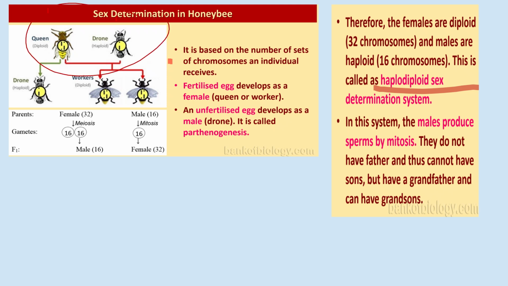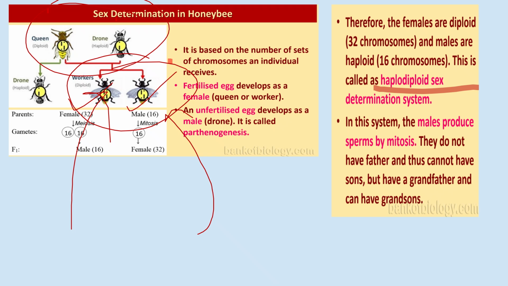After fertilization only a female will be developed, which can be either a worker bee or a queen bee, depending on what food she is fed on. If that female is fed on royal jelly, she will become a queen. If she is fed on normal honey, she will become a worker bee.